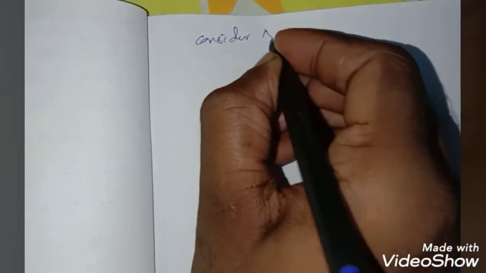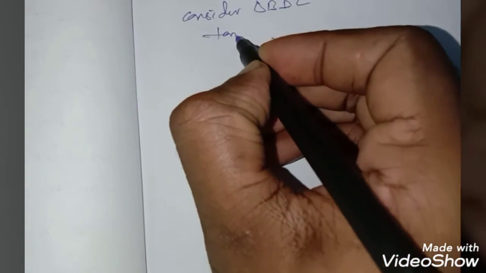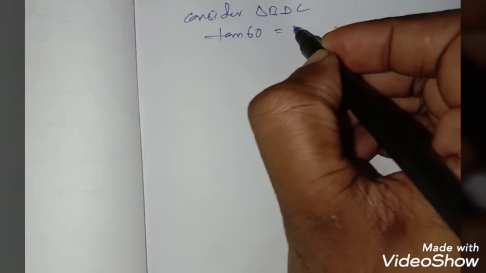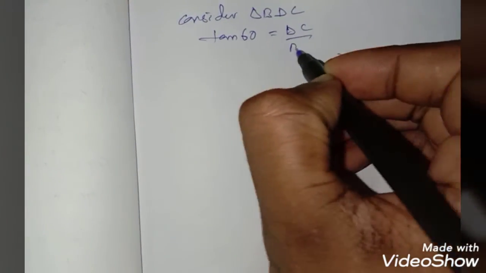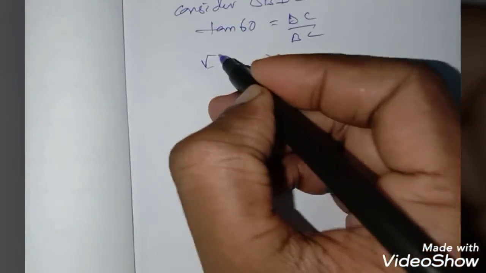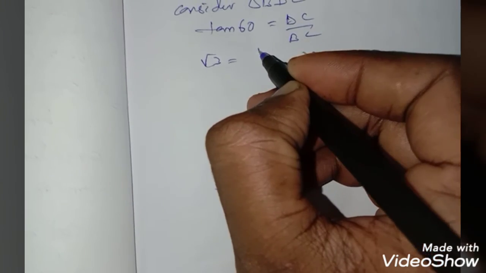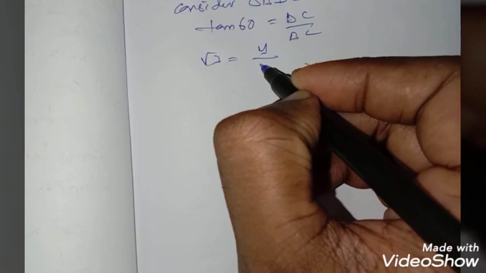Now consider triangle BDC. If I consider triangle BDC, you will get tan 60 is equal to DC by BC. Now tan 60 value is root 3, DC is nothing but y and BC is nothing but d.